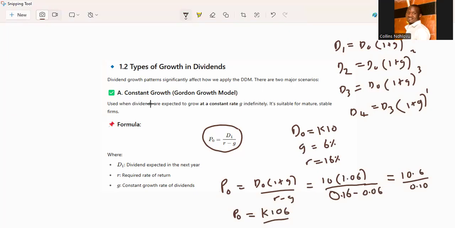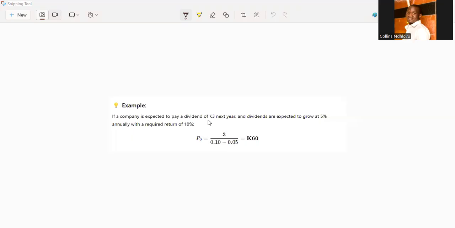For instance, we have a scenario where we are told that a company is expected to pay a dividend of 3 kwacha the next year, and dividends are expected to grow at 5% annually with a required rate of return of 10%. So what is this 3 kwacha? This is our D1 because it is the next year.